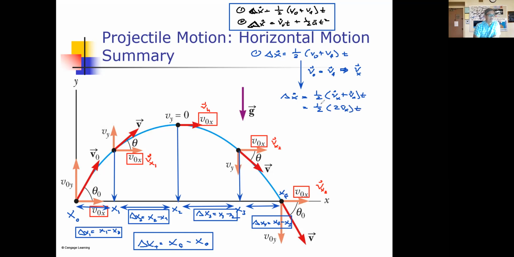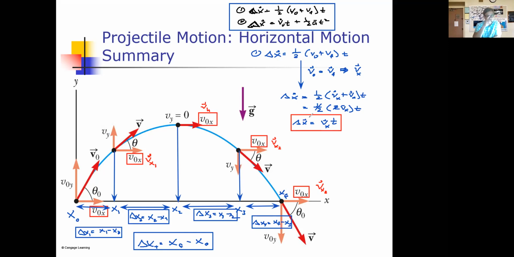The half and the 2 cancel out. Delta x is equal to the velocity in the x direction times time. So the very first kinematic equation simplifies to this: displacement is simply the velocity along the x times the time that we are examining.